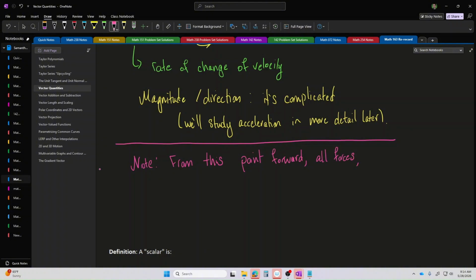From this point forward, all forces, velocities, displacements, and accelerations in the class will be treated as vector quantities.